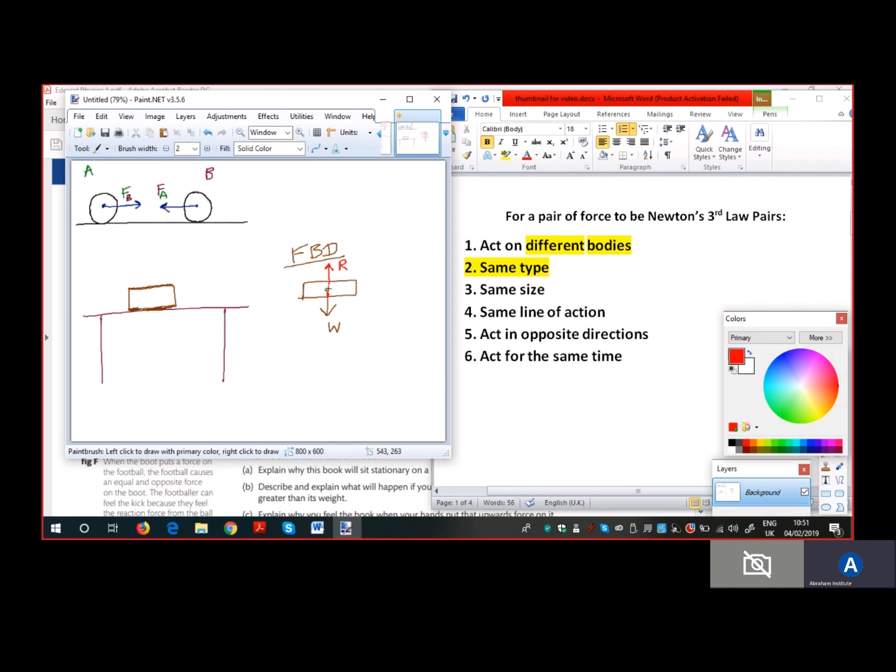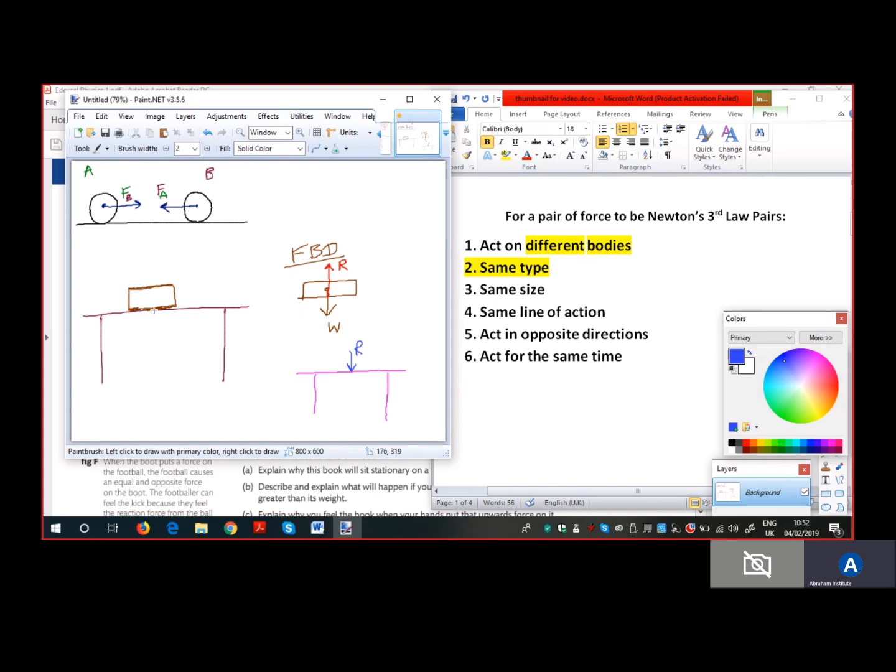Now if you draw the free body force diagram for the table, I will draw the table here smaller in size so that I can manage it in this space. The forces acting on the table include the reaction force exerted by the book on the table, because the book is in contact with the table.